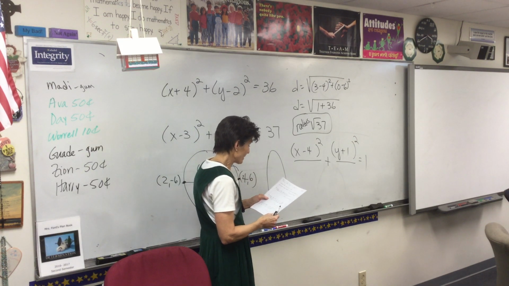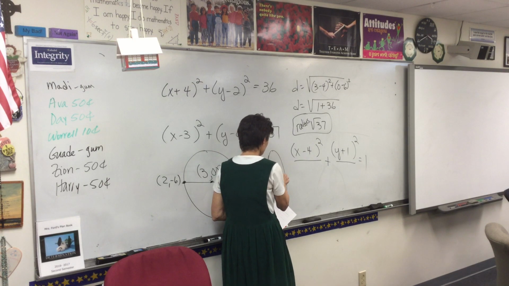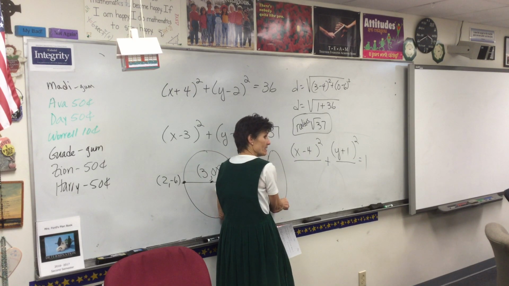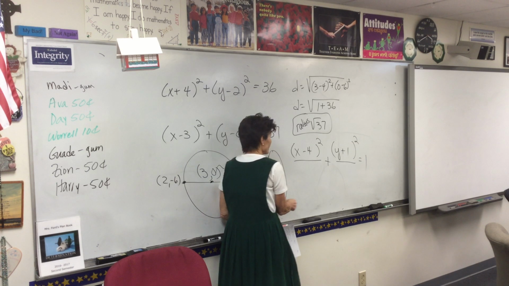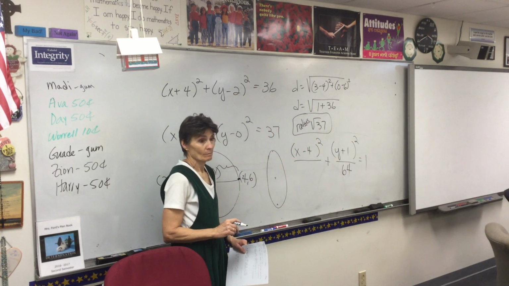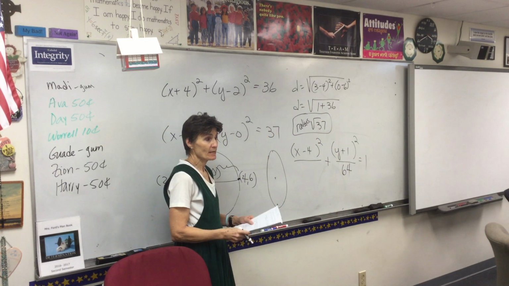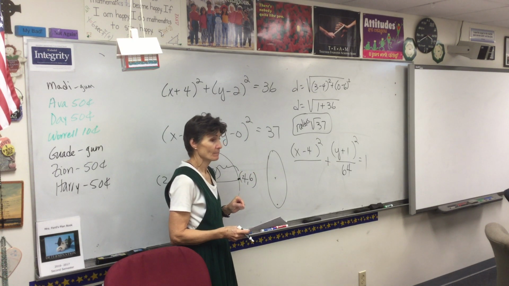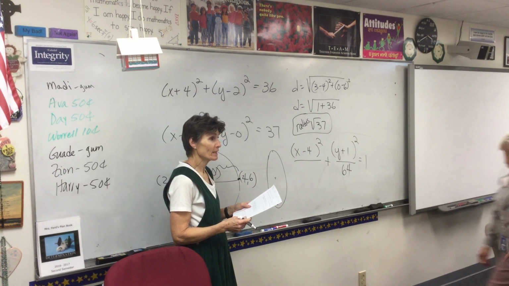So when it tells me that the major axis has a length of 16, that's the y number, and I'm going up and down 8, so that's a 64. Does everybody understand why I put it under y? Stretched vertically.